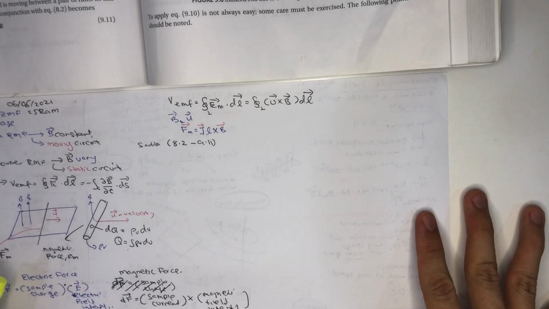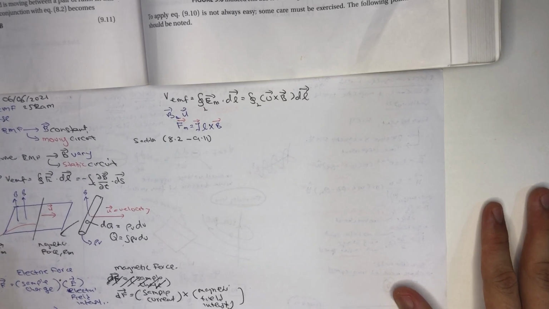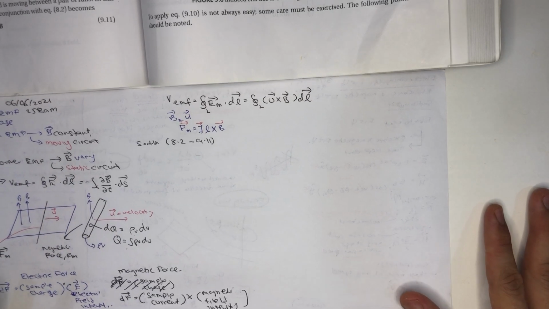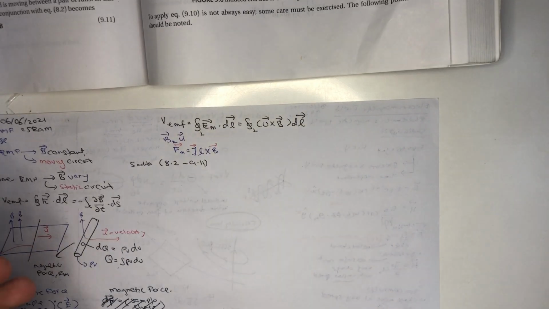If we apply Stokes theorem, what we actually learn from Stokes theorem is that a line integral changes to a surface integral, right? So if you see, this is both line integral.